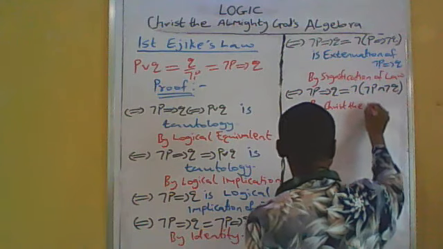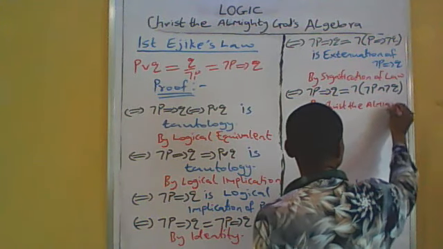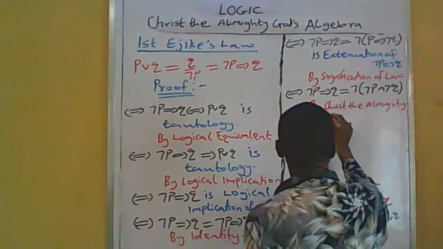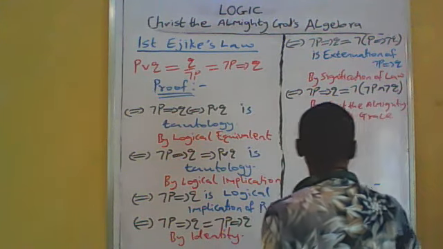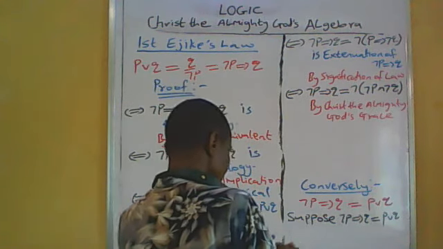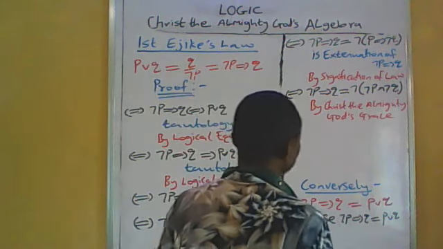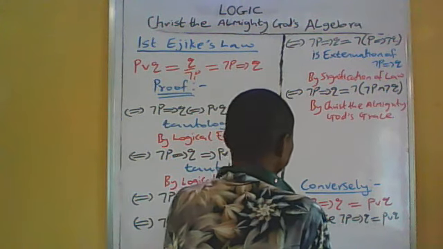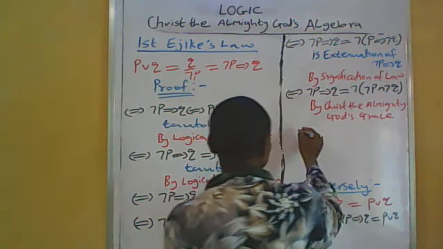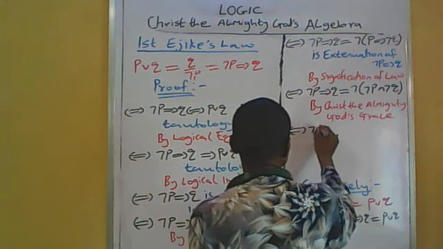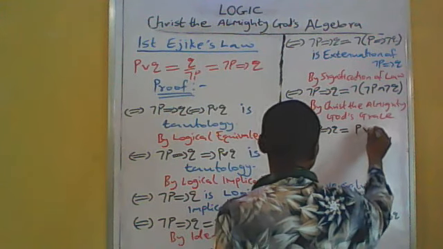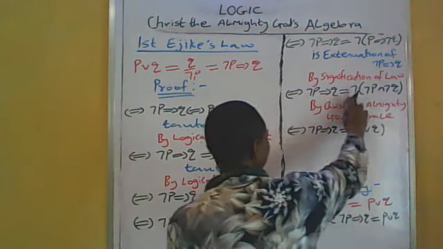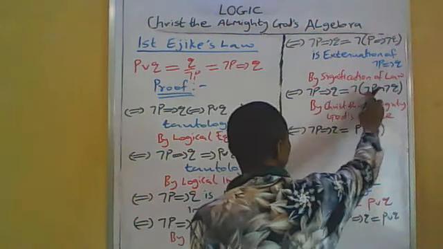So not P implies Q is equal to P or Q. You see that not bracket, not P and not Q is equal to P or Q. They are equivalent.